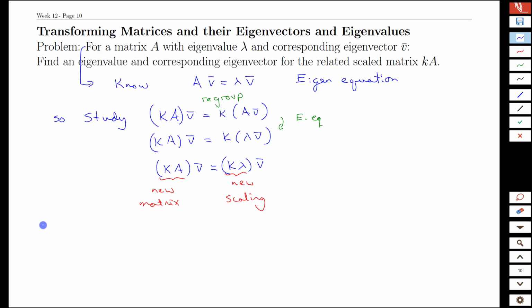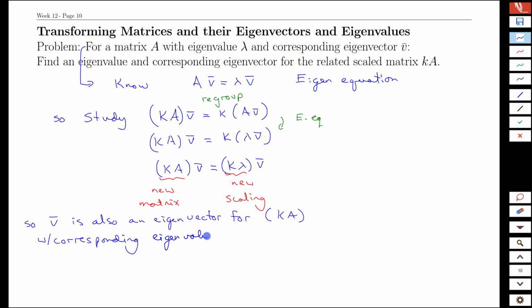And so what we learned from this is that v was an eigenvector of A. It's also an eigenvector of kA, with corresponding eigenvalue, so we know that the eigenvector is still an eigenvector.